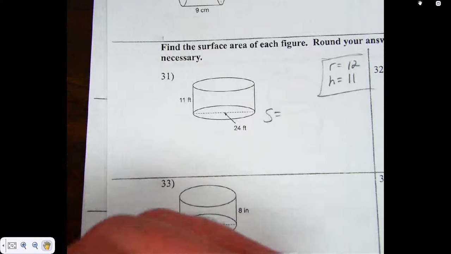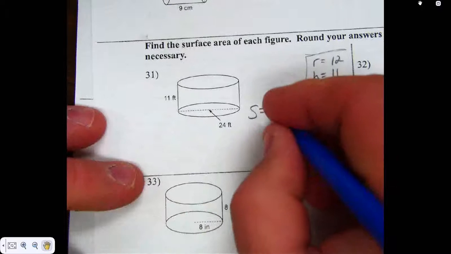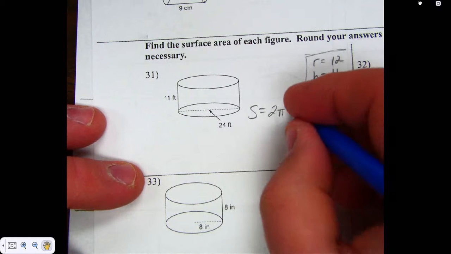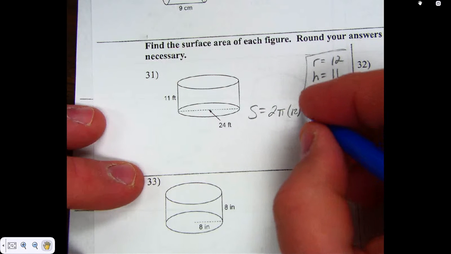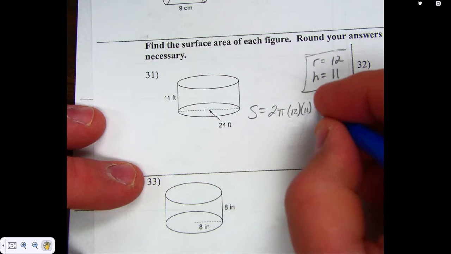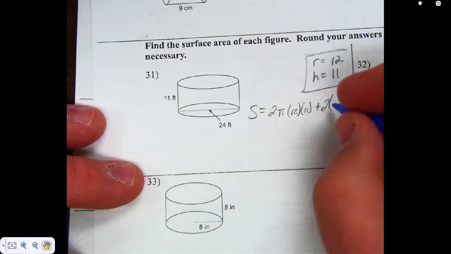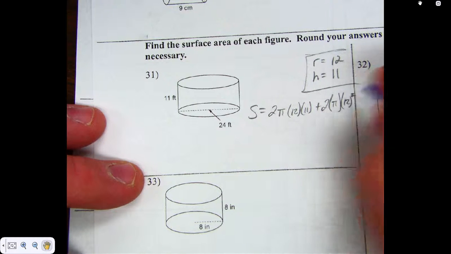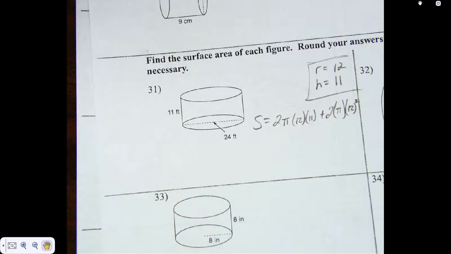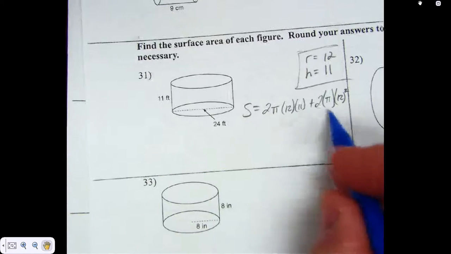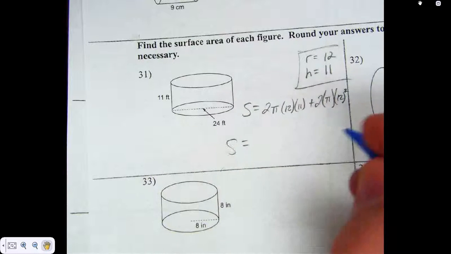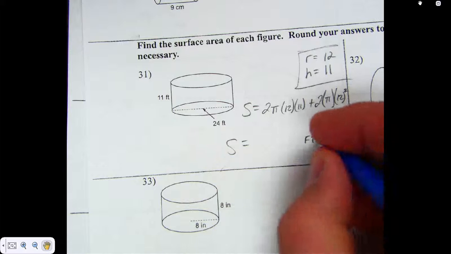When I say I want you to put these into the formula, I want to see 2 times pi times r, in parentheses 12, times the height, 11, plus 2 times pi r, what's r? 12 squared. You put everything into the formula, haven't you? The rest is calculator work, isn't it? I would suggest finding a number for that first, but if you're good at putting all that into the calculator, that's fine. Answers should be rounded to the hundredth and be in feet squared.